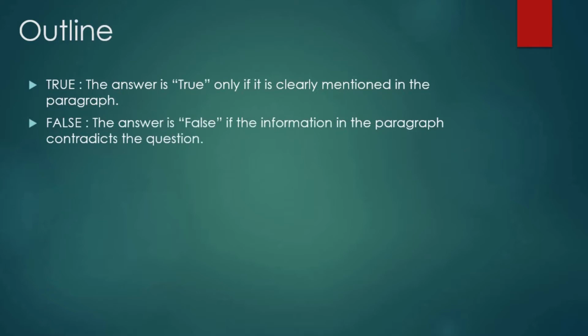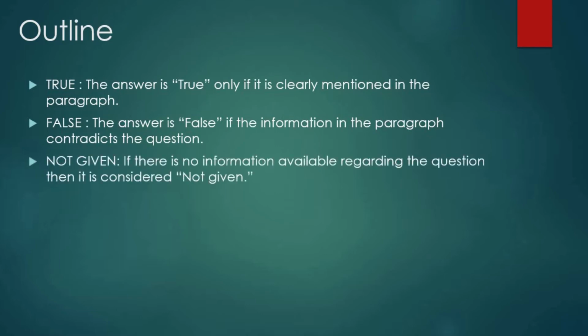Now you should choose false if you have found that the information is mentioned but it is incorrect as per the statement. Then and only then choose false. Lastly, if you don't find the information you are looking for, then make the choice of not given without any hesitation.